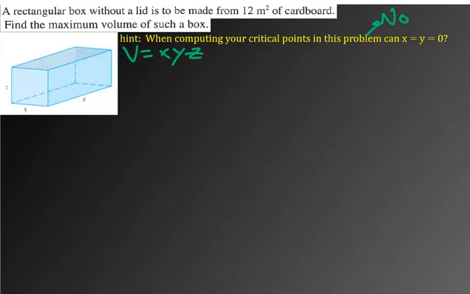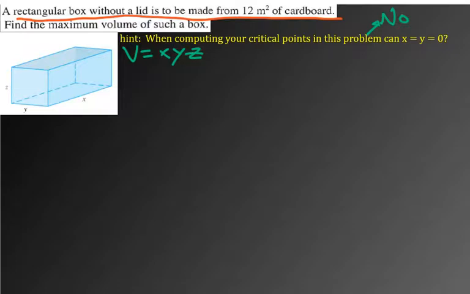So we're making this out of 12 meters squared of cardboard. And so that's going to be this right here, another equation I can get, right? So I have the volume equation already.